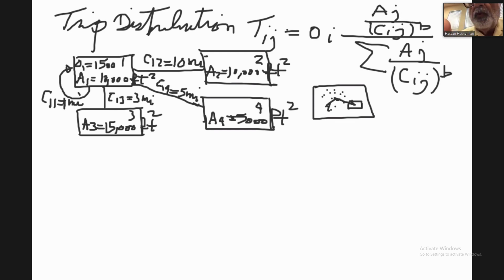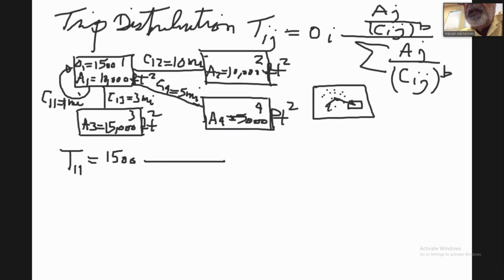Okay, so for the first one, we want to know how many people will go to the first shopping center in that zone. So we are looking at T11, the trips that start from zone 1 and go to zone 1, equal to, what would be the Oi, the number of trips produced in zone 1, which is 1,500. And what would be the Aj? J is your destination zone. Your destination zone is 1 because you're going to the first shopping center.